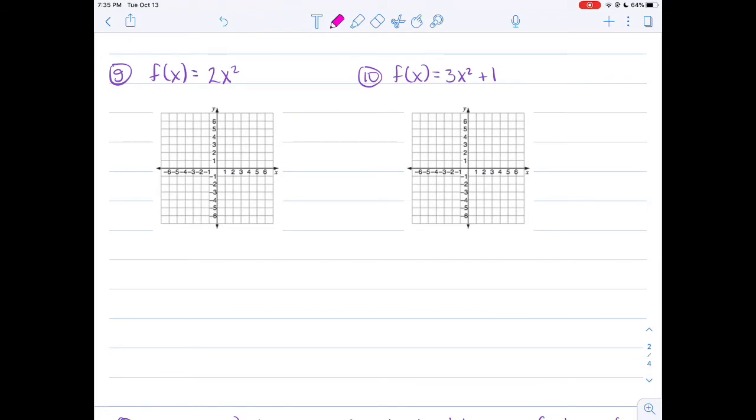Number 9 says f of x is equal to 2x squared. So let's go ahead and identify our vertex first. And I'm going to notice that I don't have anything in parentheses with x, and I don't have a number added or subtracted at the end. So that means that my vertex is at the origin. It's at 0, 0.